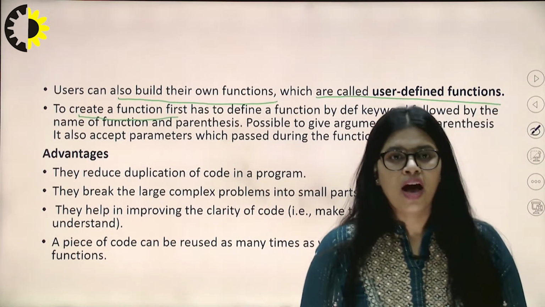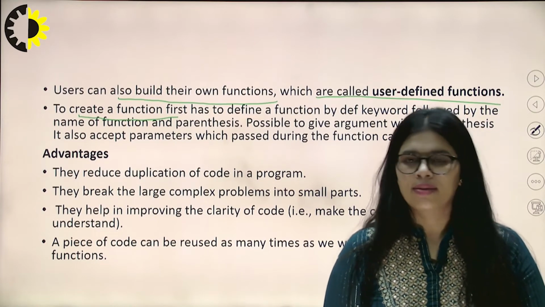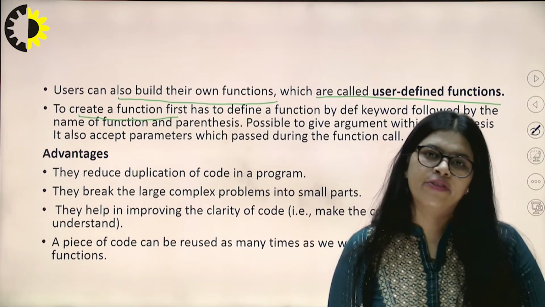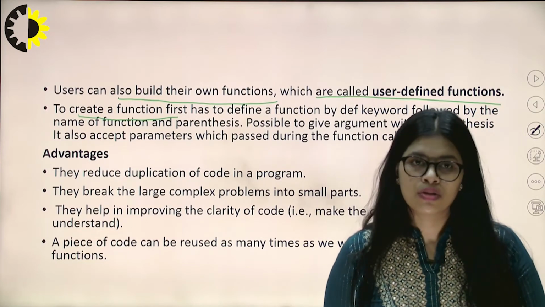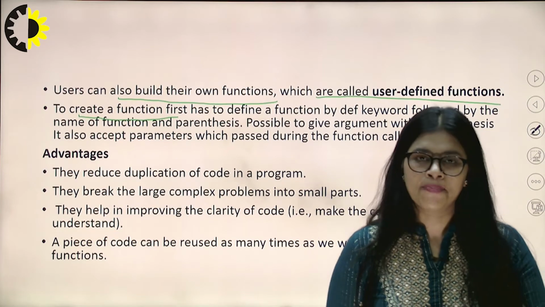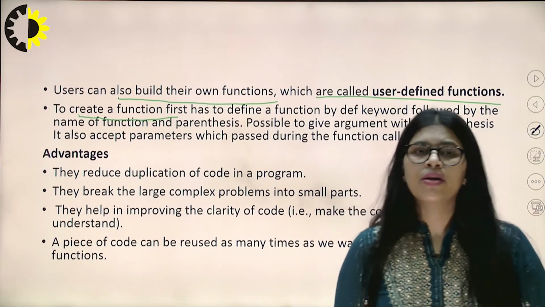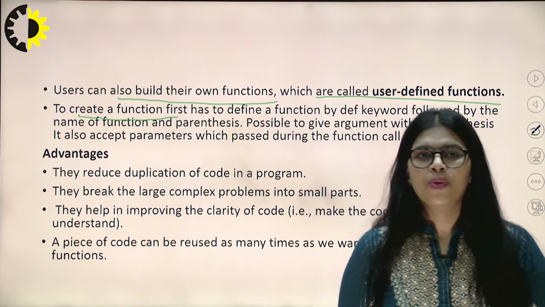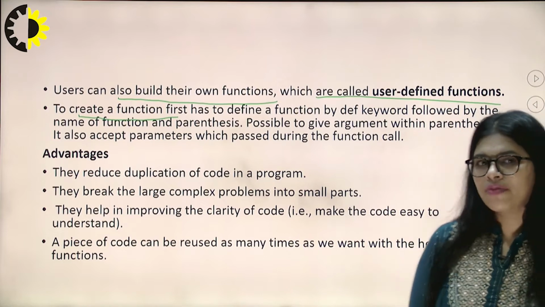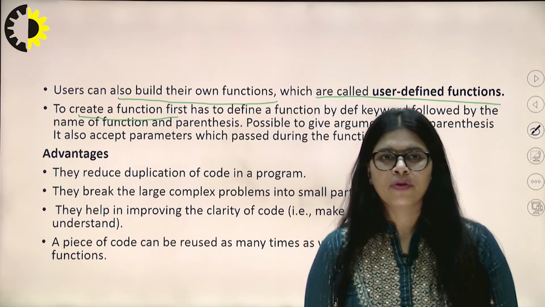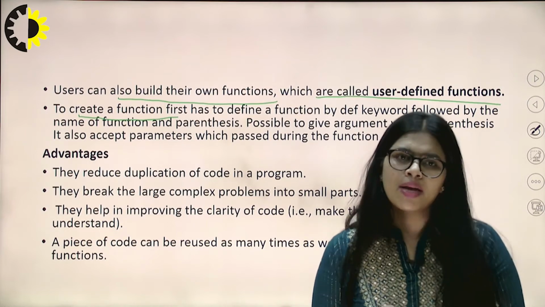Now, after discussing the types of functions, that is built-in and user-defined functions, first we need to know how a function can be created and used. Before using a function in a program, a programmer must first define it. In Python we define a function with the def keyword.